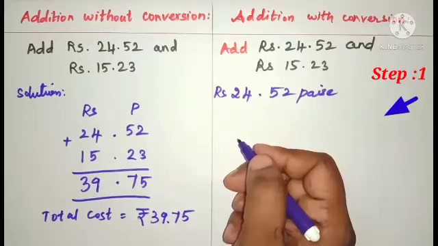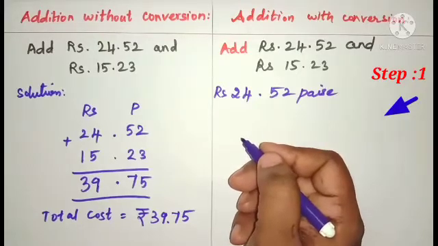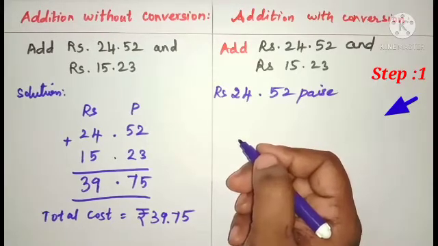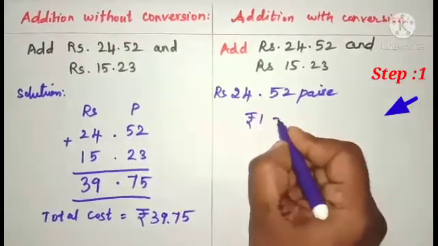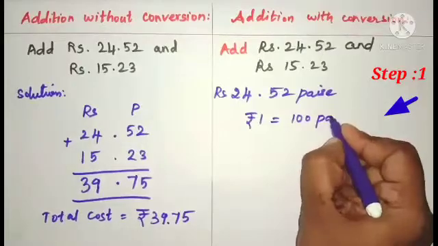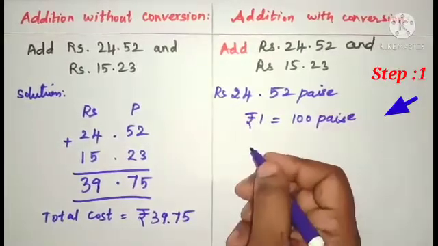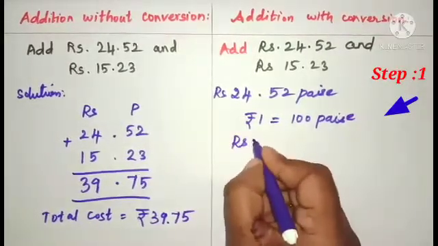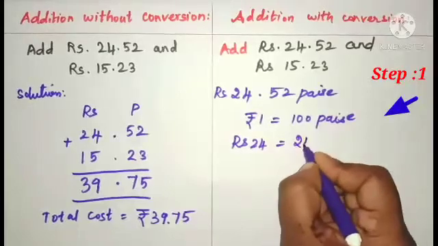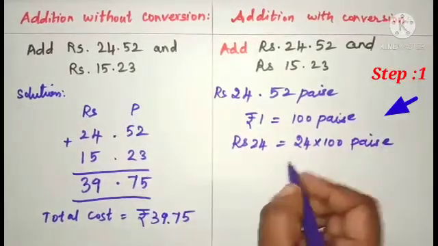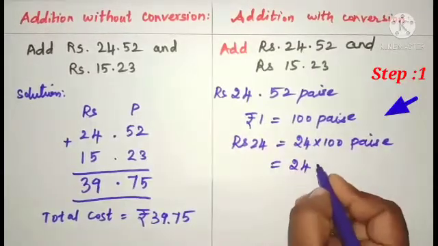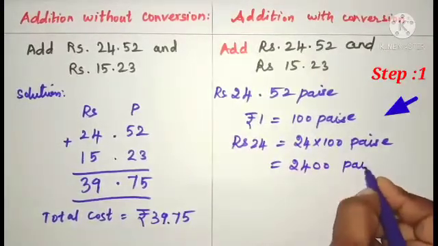Yes, we have to multiply 100 with 24. We know that 1 rupee is equal to 100 paise, and rupees 24 becomes 24 into 100 paise, that is 2400 paise.